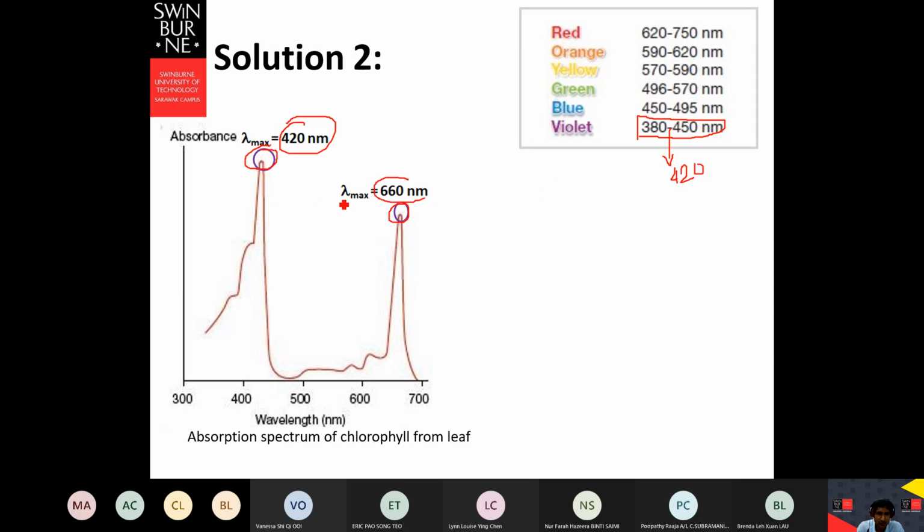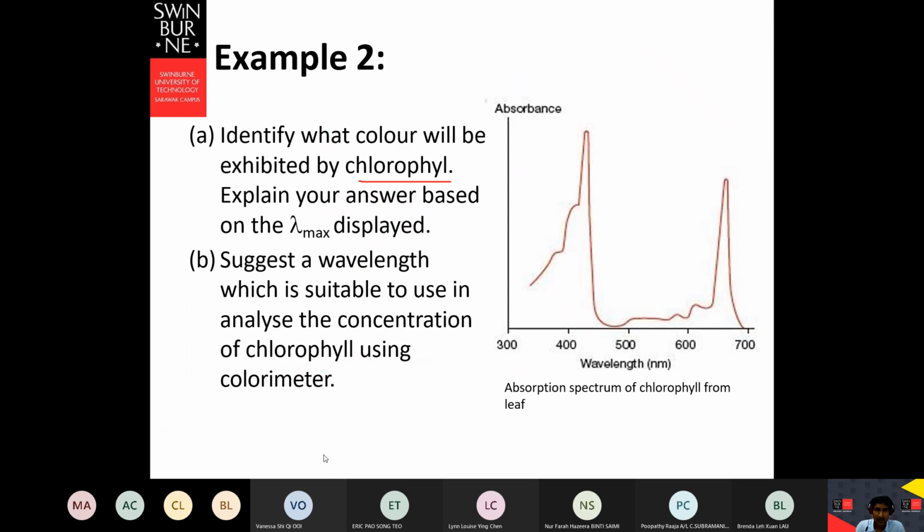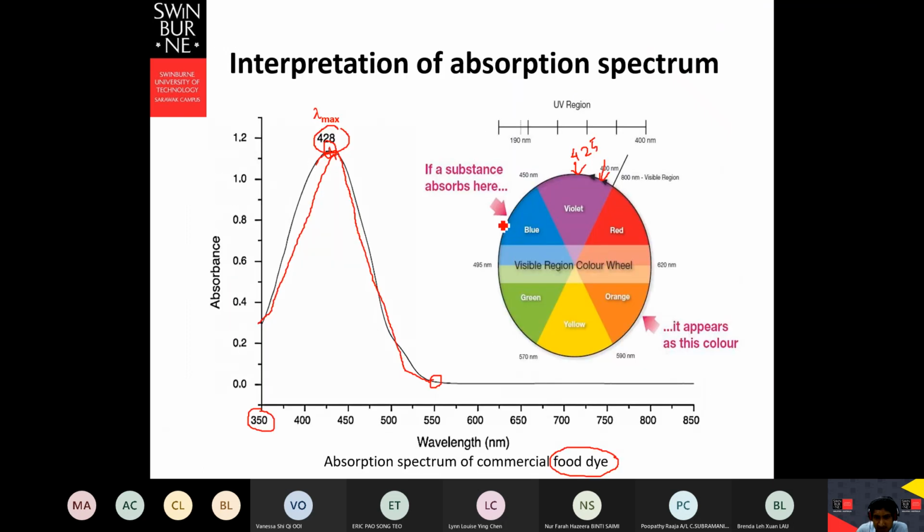And 660 nanometer is here. 660 is red, so it is absorbing in the red light area, around here, 660 nanometer, right?